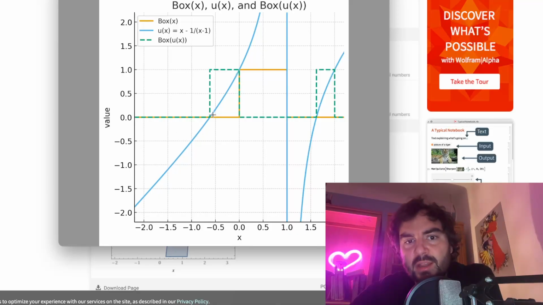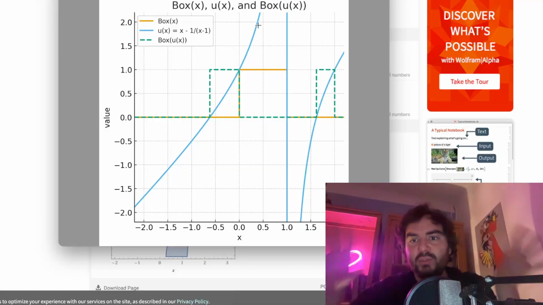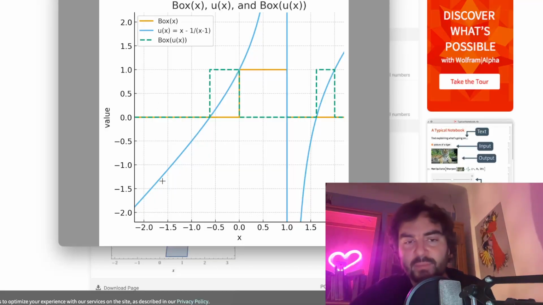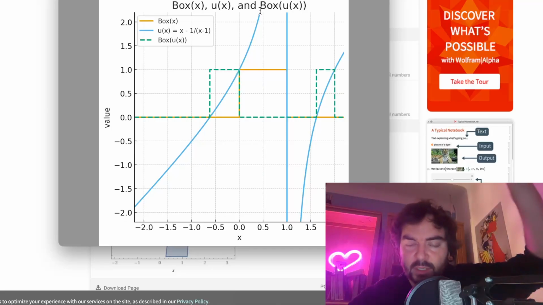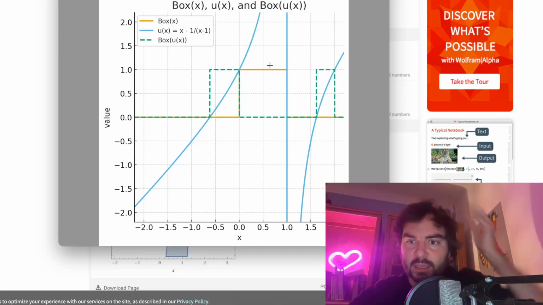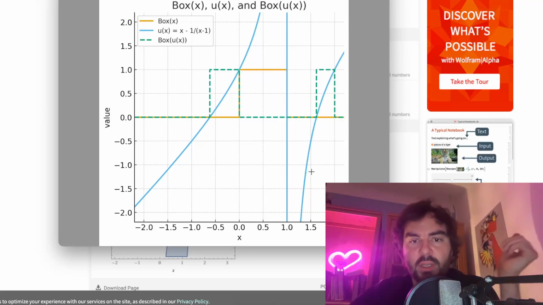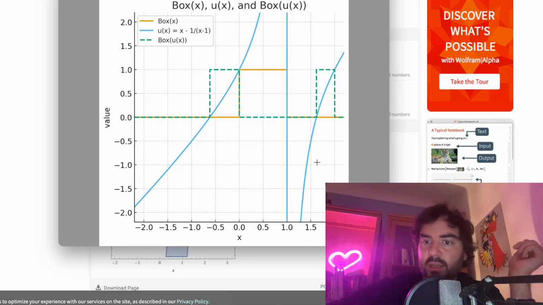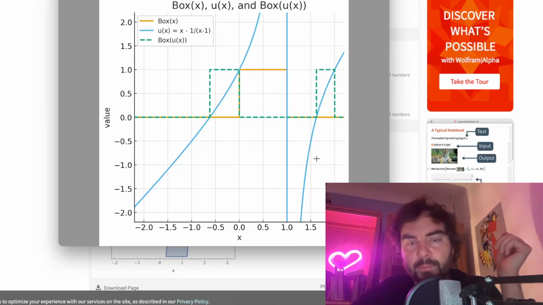And since this transformation splits the real line into two parts, right? You have this left branch where it goes from minus infinity on the y-axis to plus infinity. Then there is the asymptote, and then it goes another time from minus infinity to infinity.